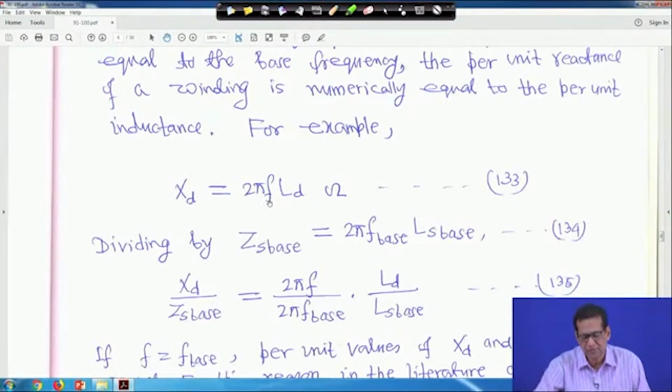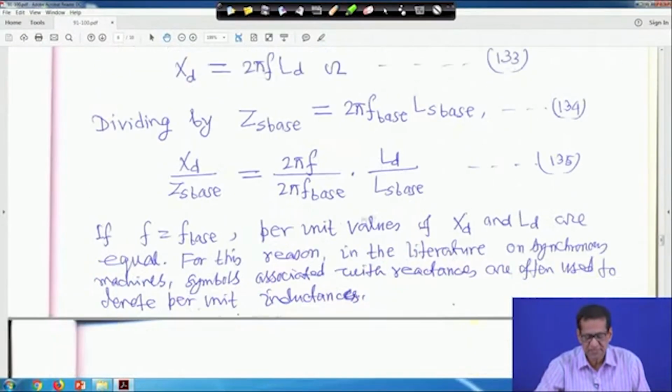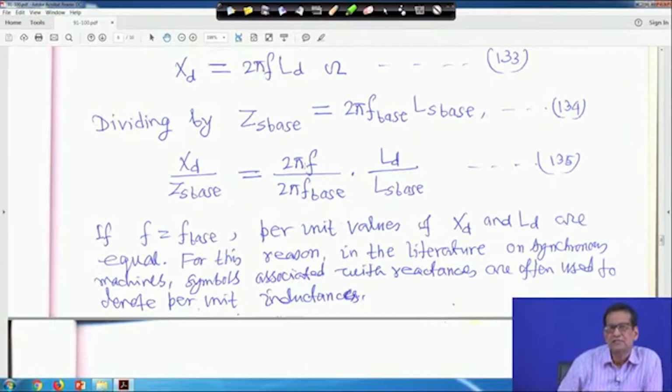So, xd is equal to 2 pi f into LD ohm, dividing by Z base, is equal to 2 pi f base Ls base on both sides, right. So, xd upon Zs base is equal to 2 pi f upon 2 pi f base into LD upon Ls base, but if f is equal to f base, right, then basically xd per unit will be equal to LD per unit. So, per unit of xd and LD are equal because if f is equal to f base, generally it is true. So, in that case xd per unit is equal to LD per unit.